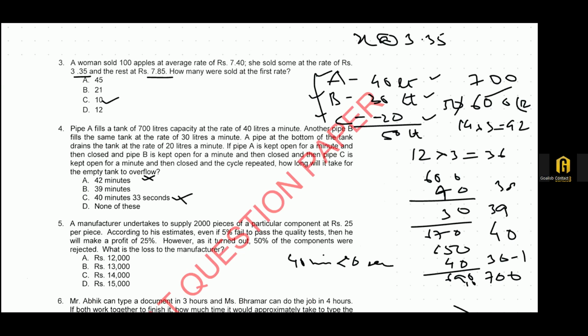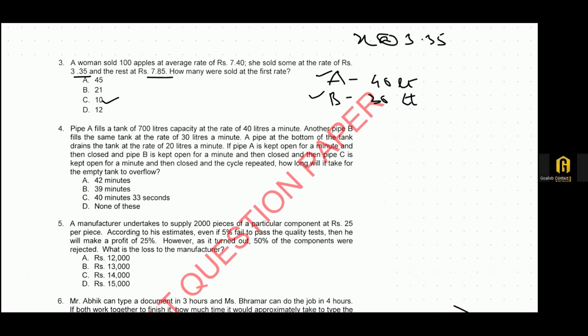Now let's move on to the next question. A manufacturer undertakes to supply 2000 pieces of a particular component at rupees 25 per piece.